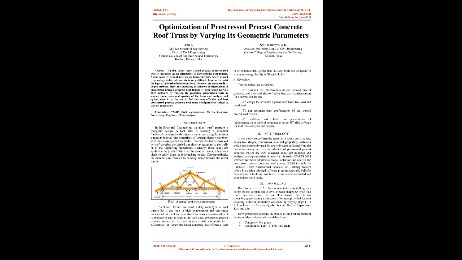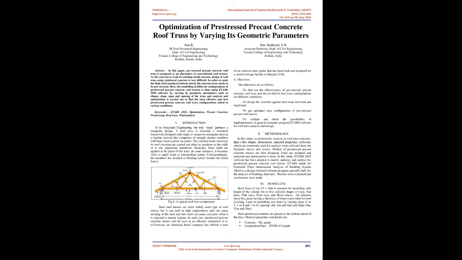2. Methodology. In this study, to perform the analysis of the roof truss structure, data like shapes, dimensions, material properties, and software commonly used for analysis were collected from the literature, survey and review. Models of prestressed precast concrete trusses are then designed, loads are assigned and analyzed, and optimization is done.